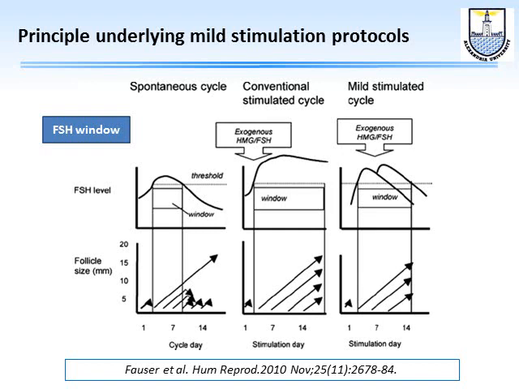For this idea, we really have to remember this FSH window. What is the FSH window? What happens in normal cycles, as you can see from the left panel, is that we have follicles growing all the time.